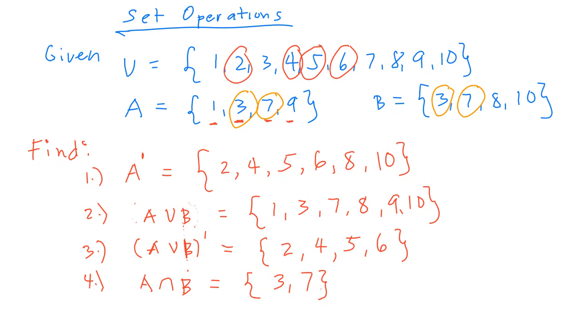Okay, now the last one would be finding A not intersection B not.